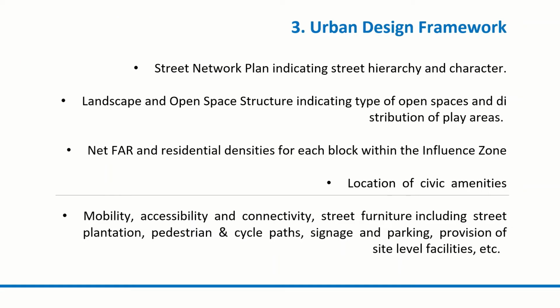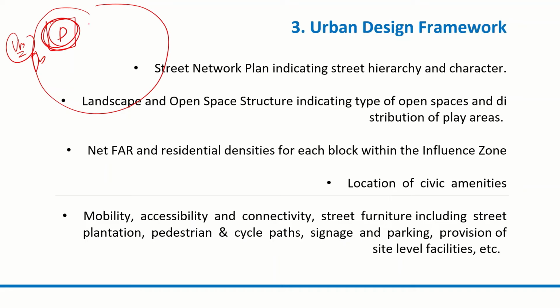So there should be one objective written for the urban design studio, and based on that objective, the data collection should revolve around it. Otherwise, we'll end up collecting so much information that may not be required for us. Okay, so that's one thing.